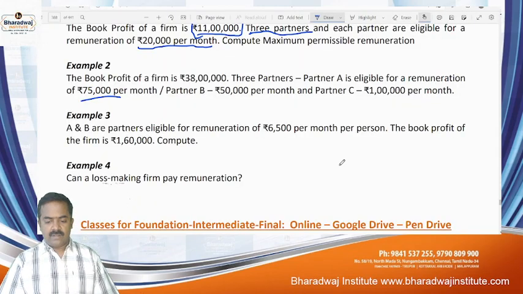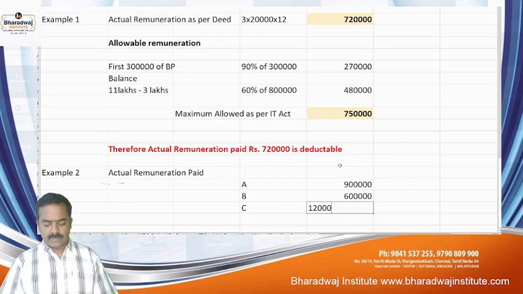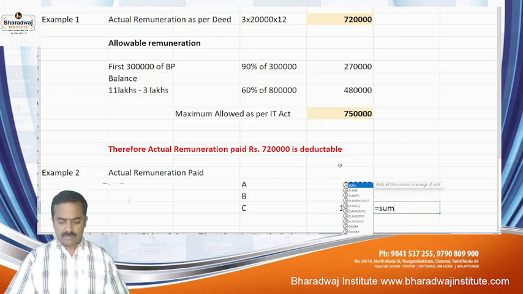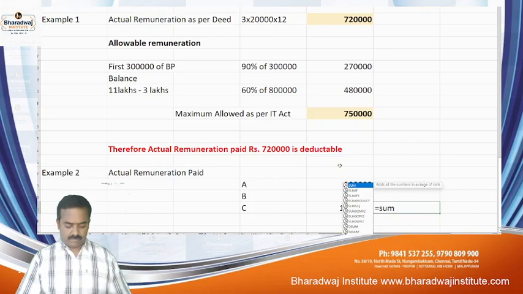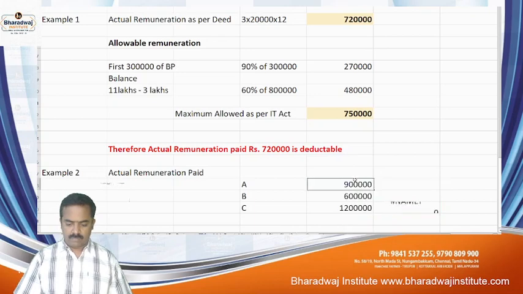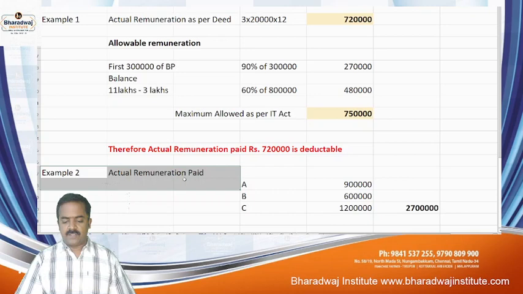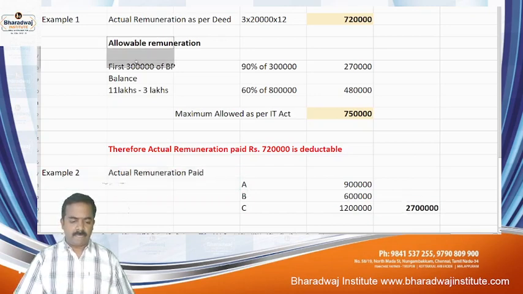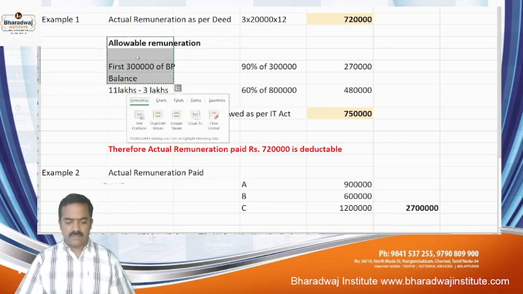For C, 1 lakh into 12, how much? So in example number 2, actual remuneration paid to A, B, C, total how much? 27 lakhs.